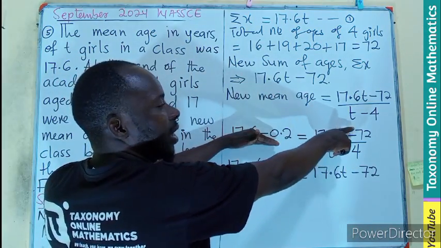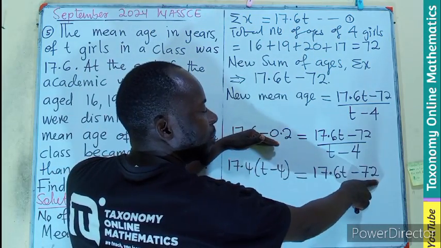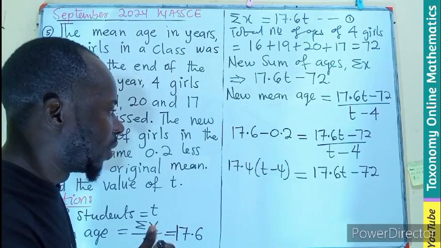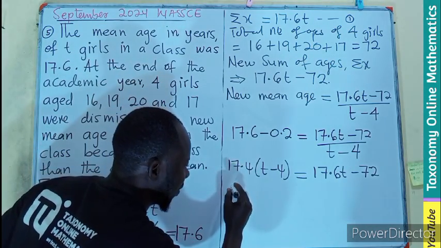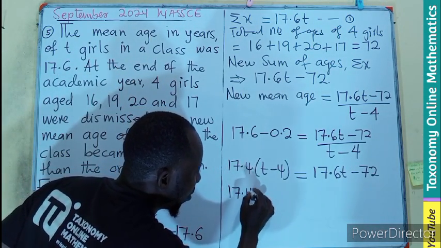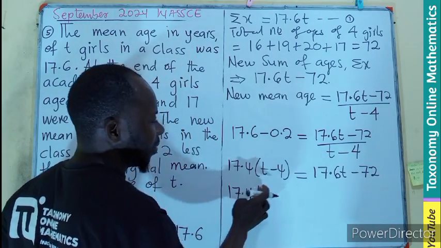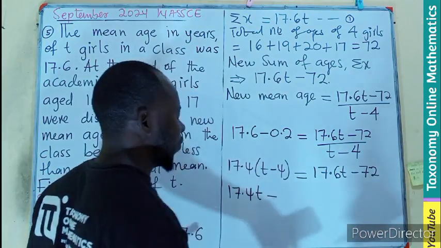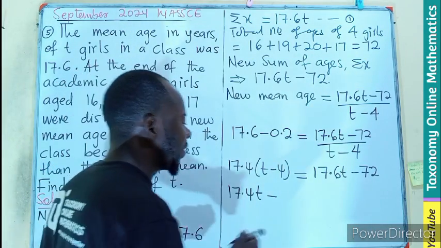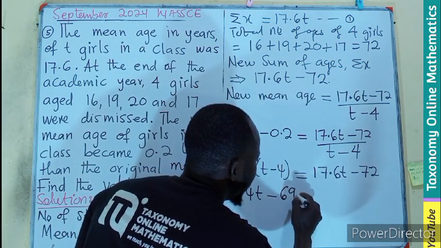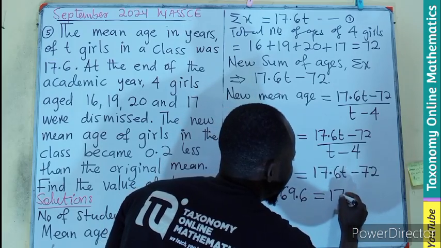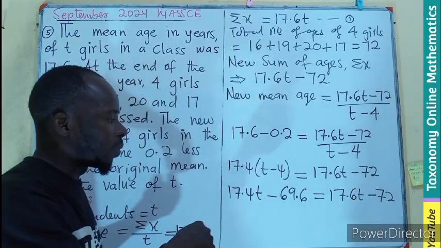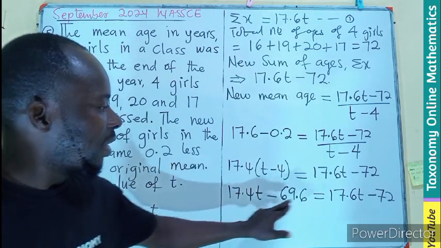That one multiplied the numerator to give us the same. Then this denominator multiplies the 17.4. So T times this will still be 17.4 T minus 4 times 17.4. That will be 69.6 equals 17.6 T minus 72.